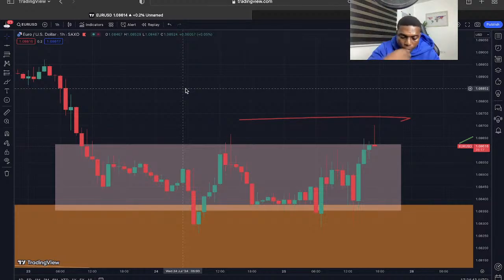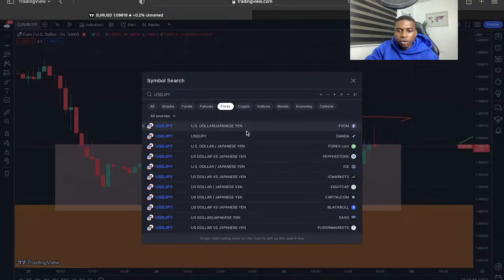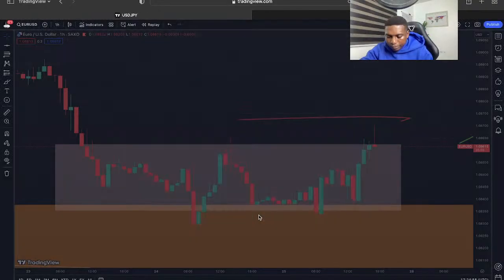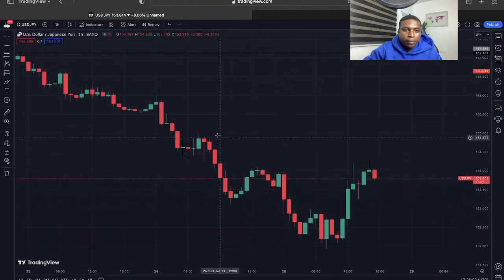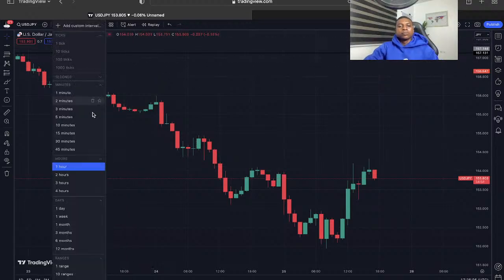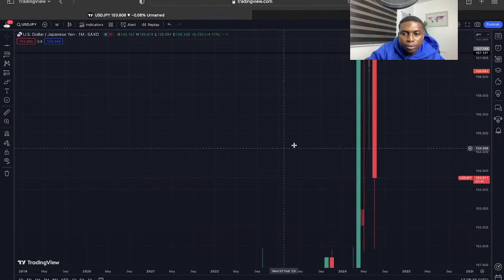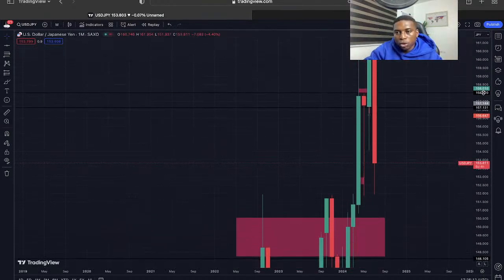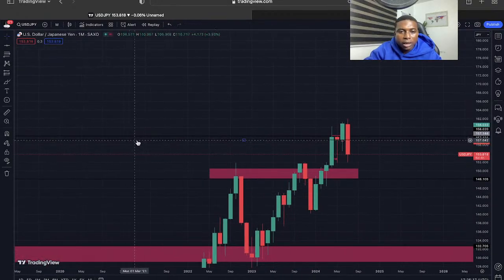Good. Now let's take a look at USDJPY. On the USDJPY as well, we'll be carrying out the top to bottom approach.